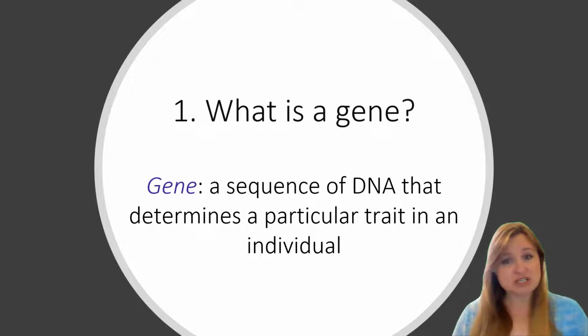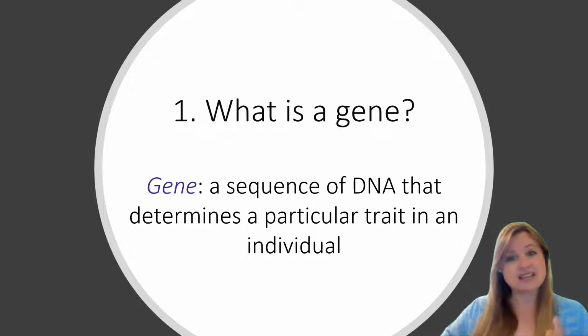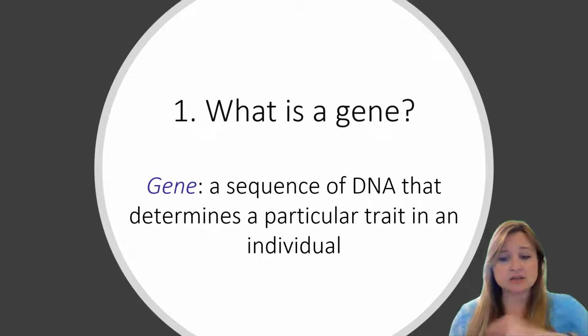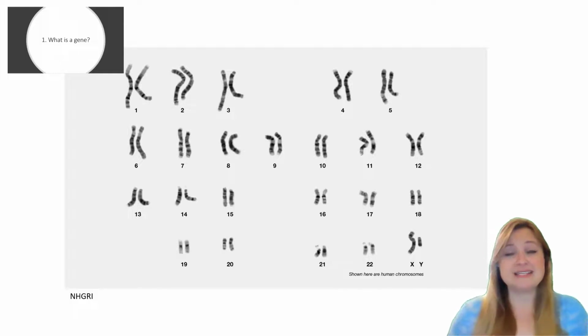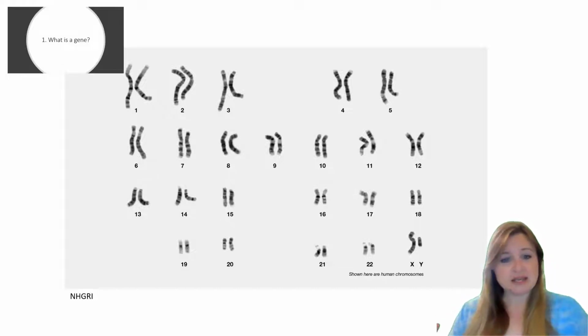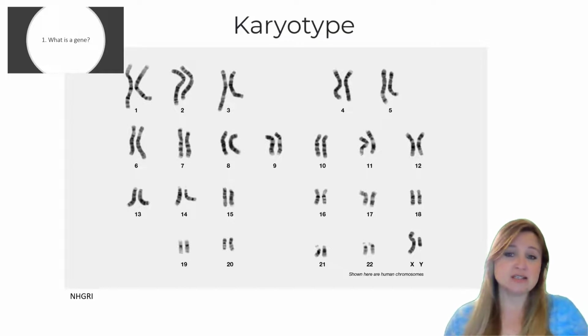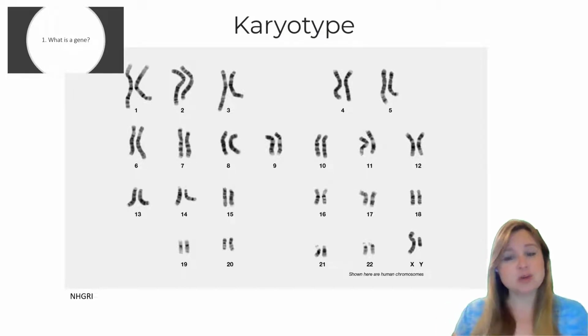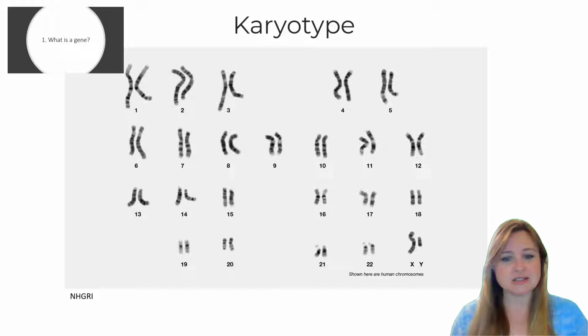So when we're talking about genes, we're really just talking about a sequence of DNA that's found inside of our cells. And the DNA is organized into what we call chromosomes. Now, this is known as a karyotype. A karyotype is a photograph of all of the chromosomes that are found in one of our cells.